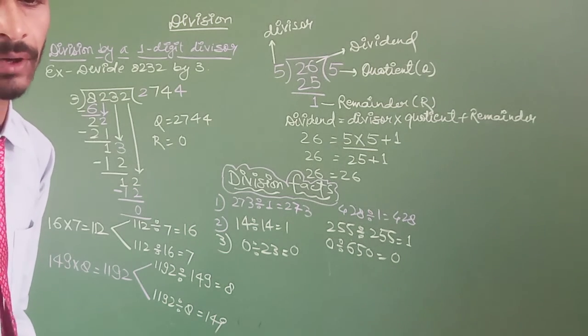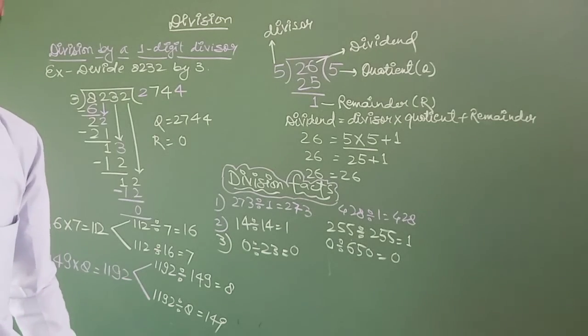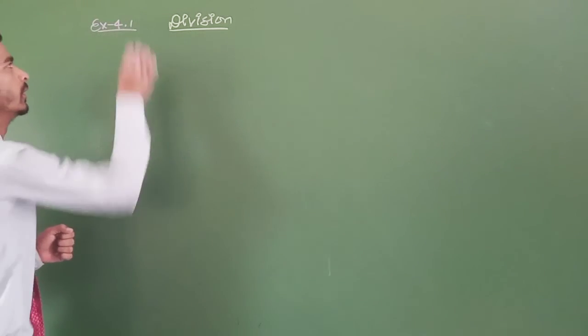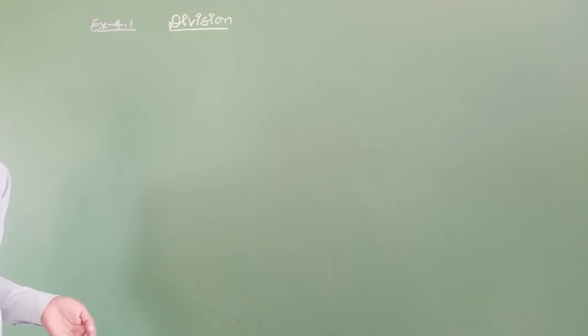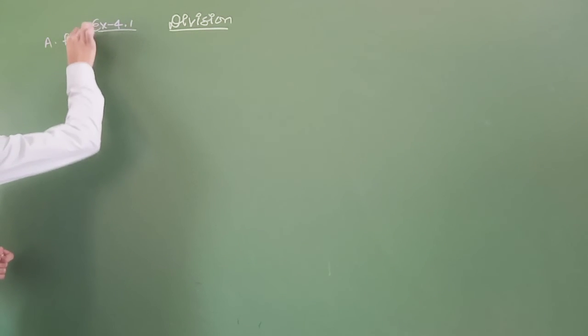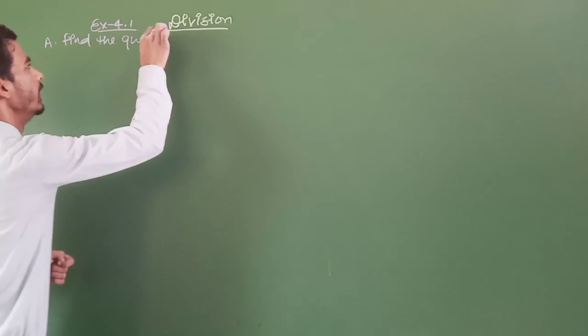Now come to exercise 4.1, and listen carefully. Let's solve some questions of exercise 4.1. The first question is: find the quotient and the remainder, if any.